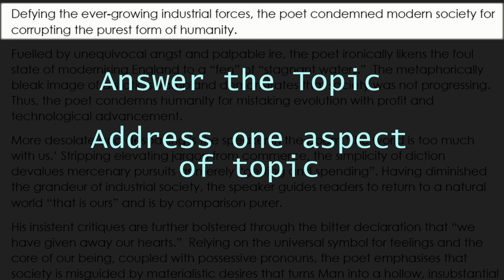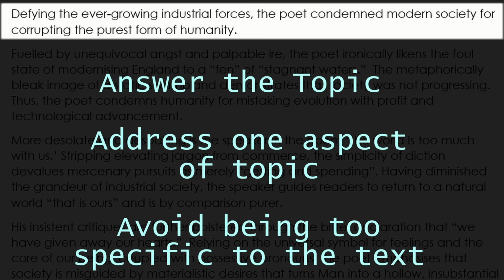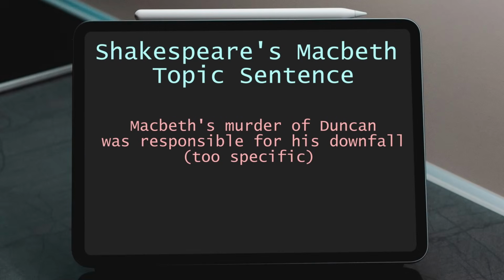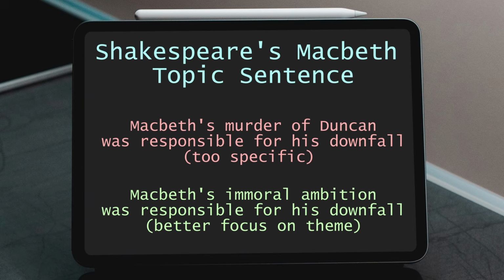Another tip is that with your topic sentence, try to avoid being specific to the text, but rather focus on the idea. What I mean by that is it's best not to mention characters or long quotes in most cases, but rather keep it general and focus on the underlying idea that the author is trying to portray. For example, if your text was Shakespeare's Macbeth, rather than saying Macbeth's murder of Duncan was responsible for his downfall, it's probably better to say Macbeth's immoral ambition was responsible for his downfall.